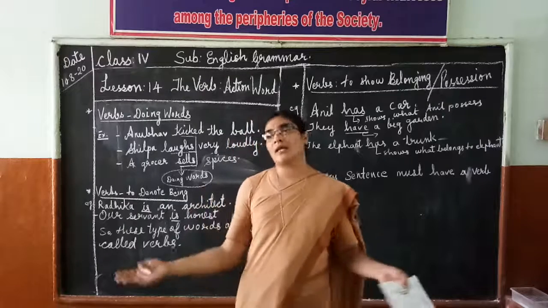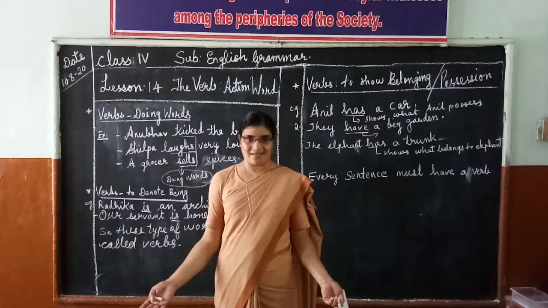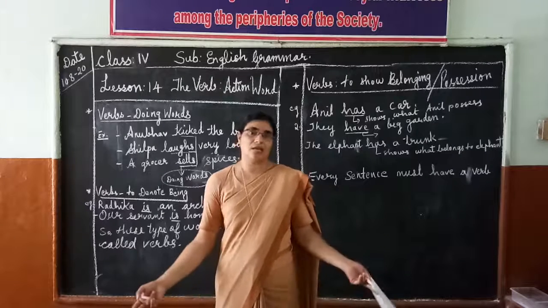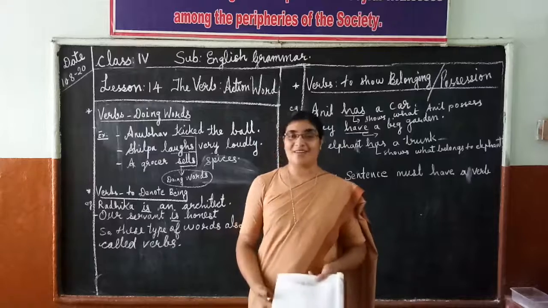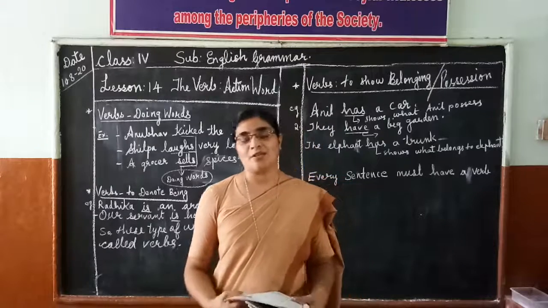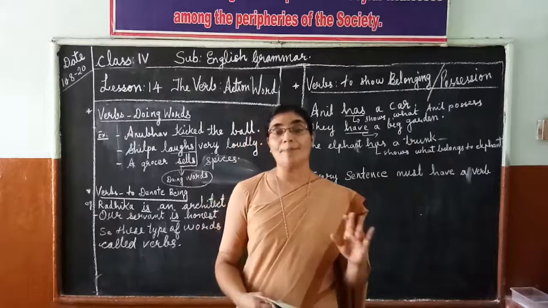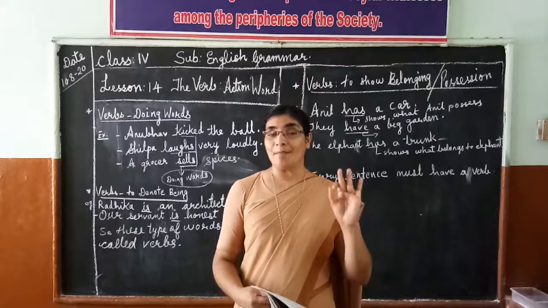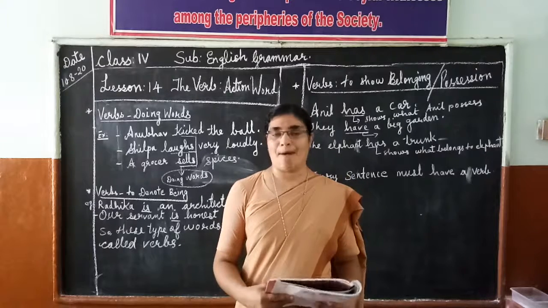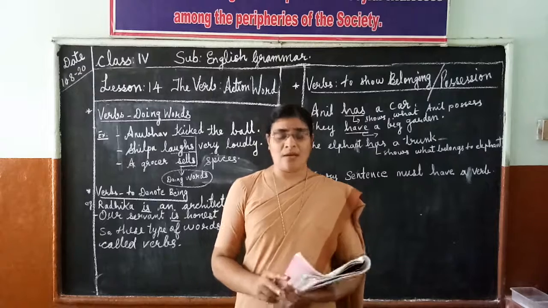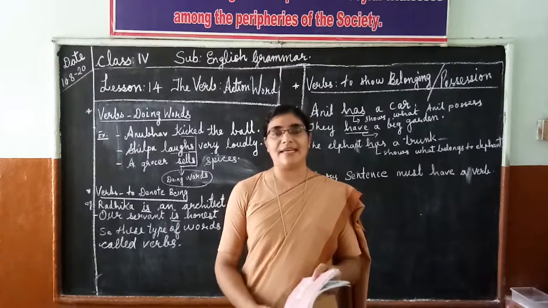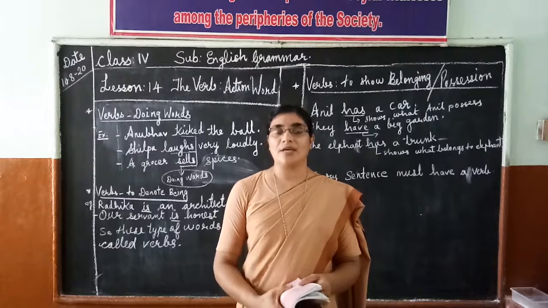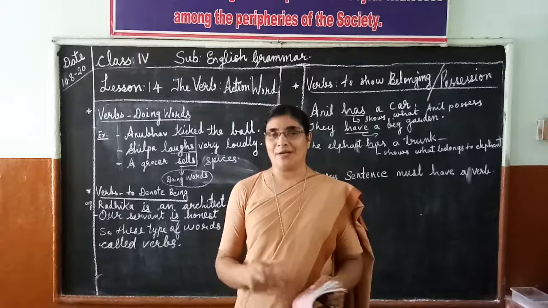Or "children in the park." What does it mean? It does not mean anything. If we say "children play in the park," it gives the correct meaning. So here the verb plays an important part. Remember, every sentence needs to have a verb, so that it gives us a complete sentence.